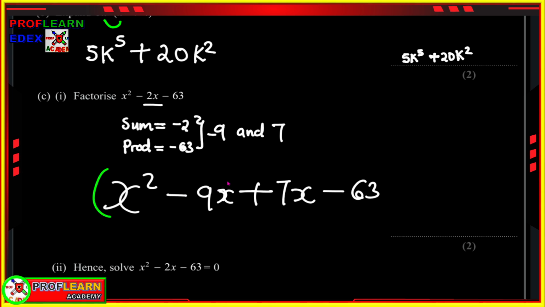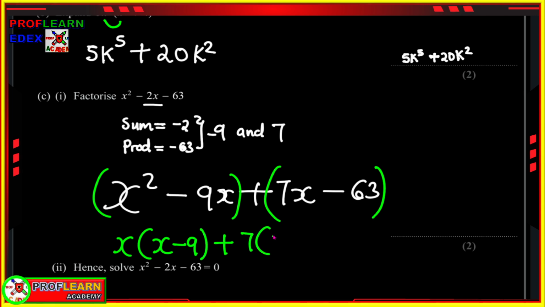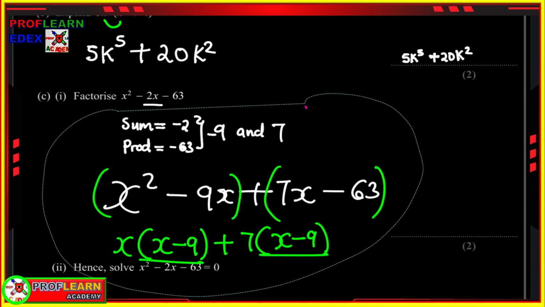So once you've done that, you are going to group these two. You group these together, and then we shall say this is going to be x into x minus 9 plus 7 into x minus 9. So you can see this is common, it can be factored out. So what is our expression going to reduce to?